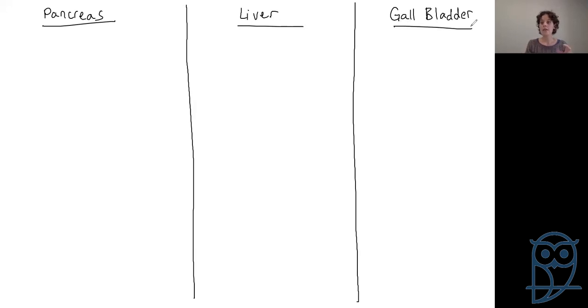Okay, so these three aren't part of that digestive tube, but they are very closely associated with the digestive system, so they effectively form part of the alimentary canal and the digestive system as a whole. So your pancreas, you're looking for something often with a wobbly sort of side that looks a bit like that.